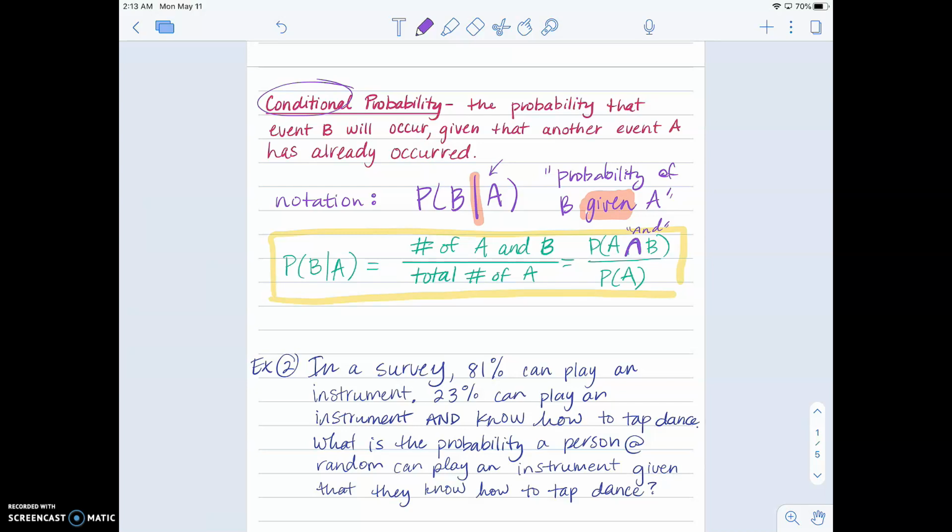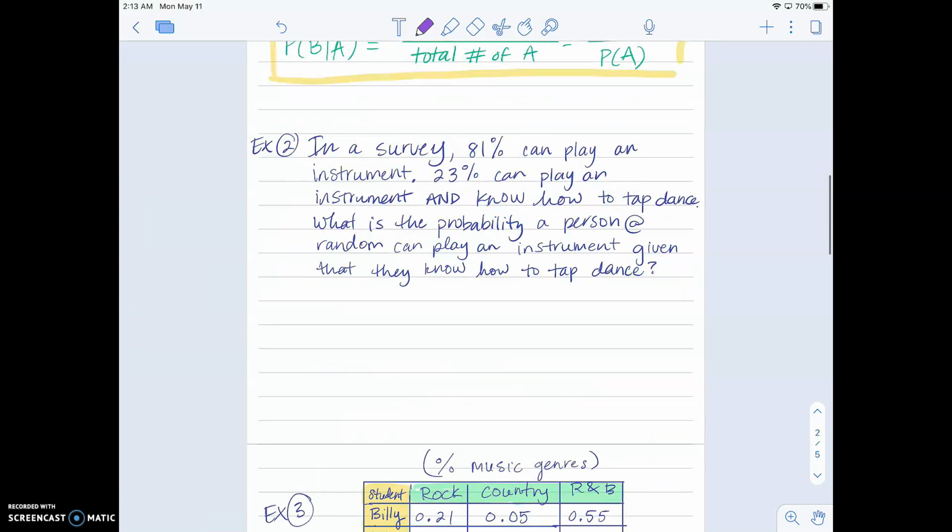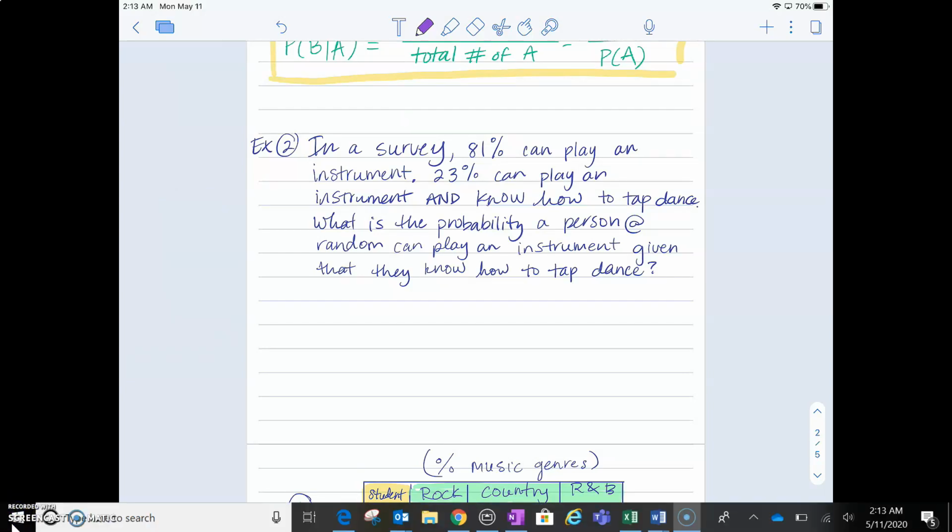Okay, so we're going to look at this example here. It's a pretty straightforward, simple example. It's another survey one. You have surveys in which 81% of the people surveyed can play an instrument, and 23% can play an instrument and know how to tap dance. So we want to know what's the probability a person at random can play an instrument given they know how to tap dance.